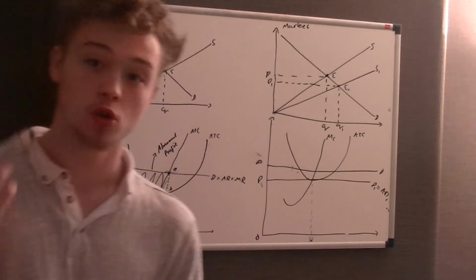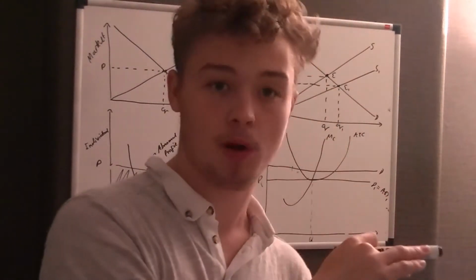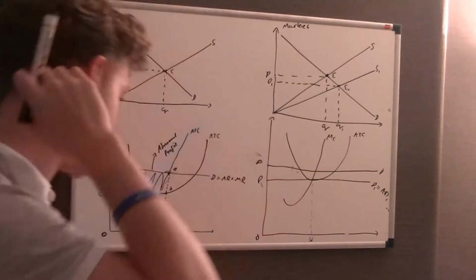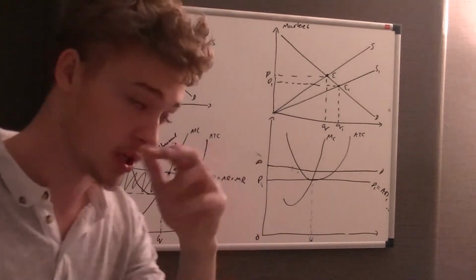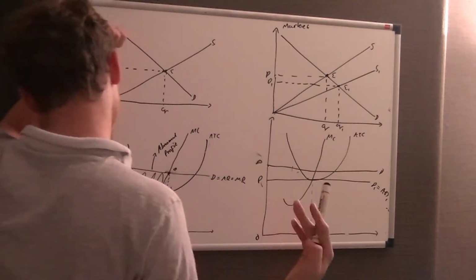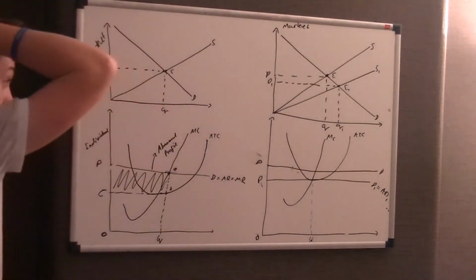So that's normal profit, because the average total cost is equal to the price, because the price is basically the average revenue per unit. Because if you lower the price of one, you have to lower the price of all the rest, as we explained in our previous video. You can't just lower the price of the new ones you're just selling now, you have to lower them all. So that's why it's lowered like that.